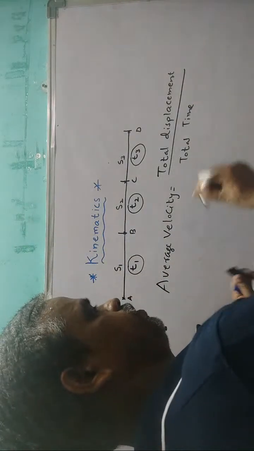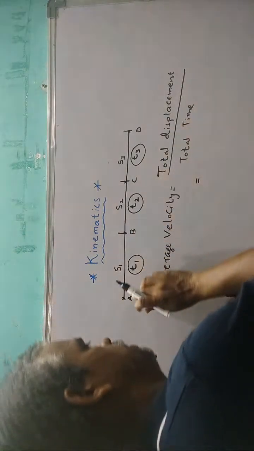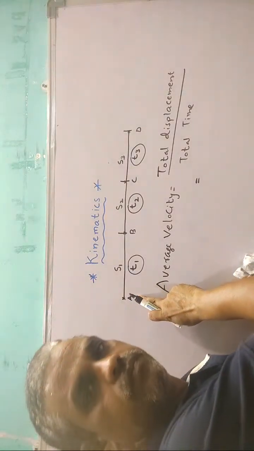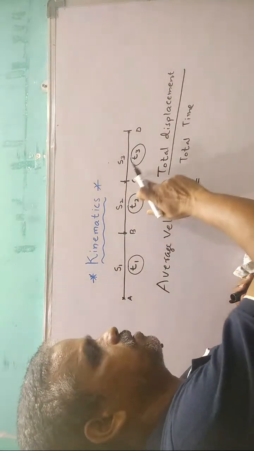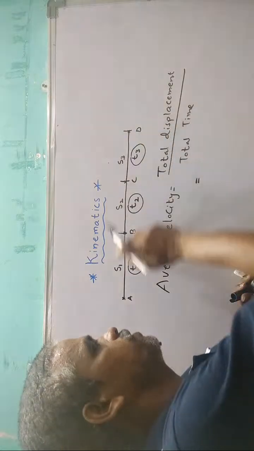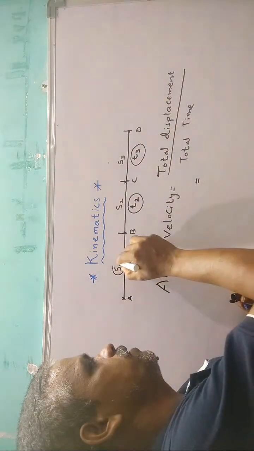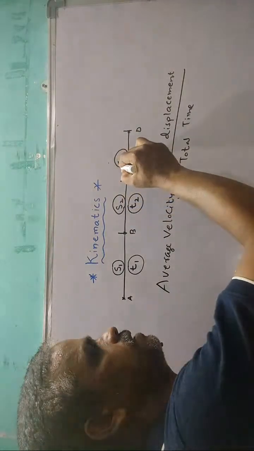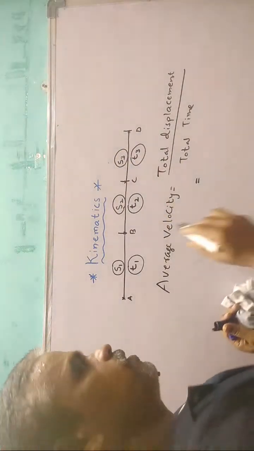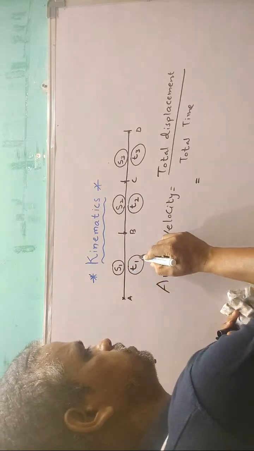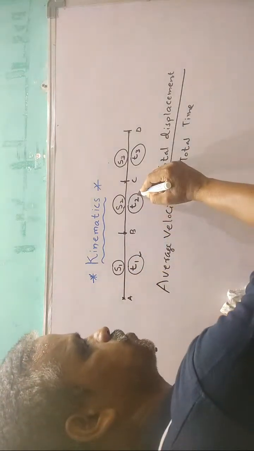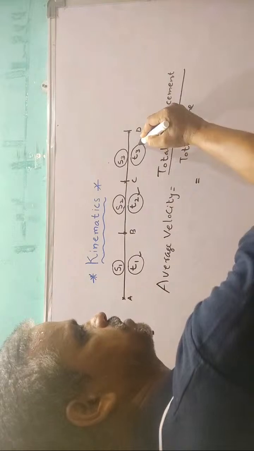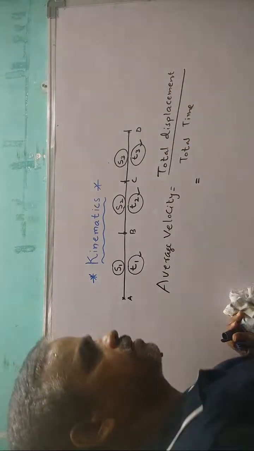So I will write some. So here a car starts from A, crossed B, crossed C, finally reached D. So A to B displacement will be S1, B to C, S2, C to D, S3. So for S1 displacement, time taken T1, S2 displacement, time taken T2, for S3 displacement, time taken T3.